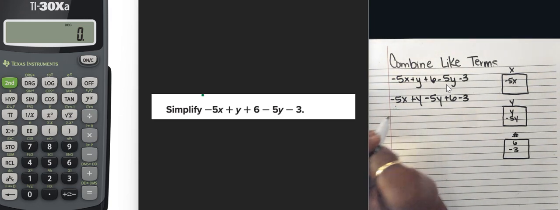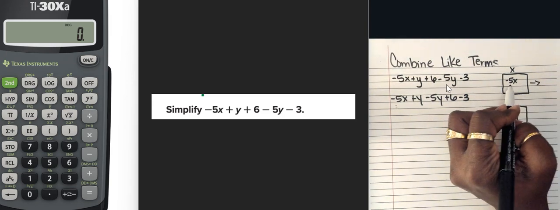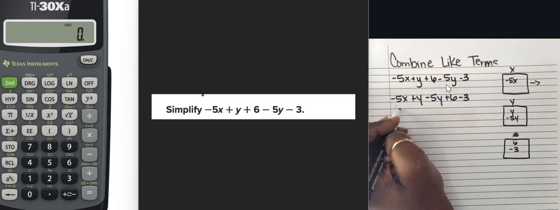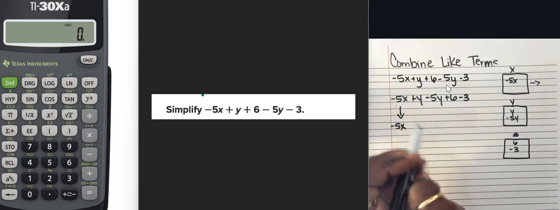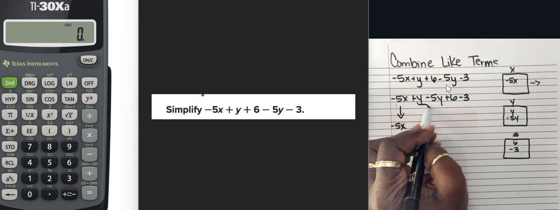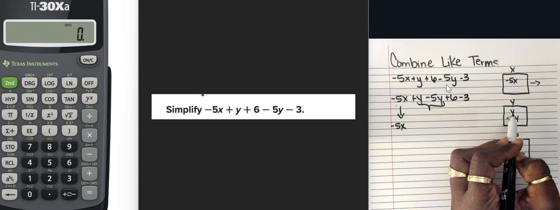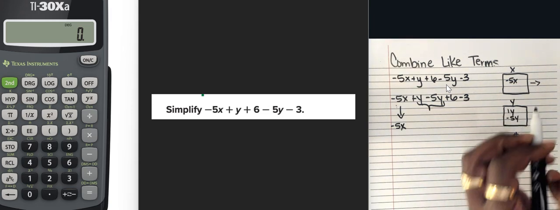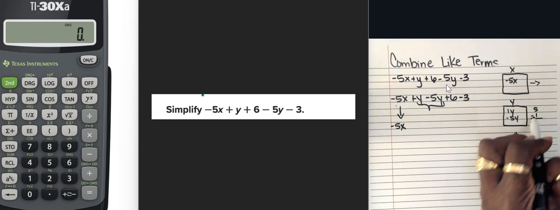Now what I'm going to do is just group them together. If you use your bin system, you notice that we have negative 5x. So that's going to stay the same, negative 5x. And then here for your y's, we have y minus 5y. So this is the same thing as 5 minus 1, right?